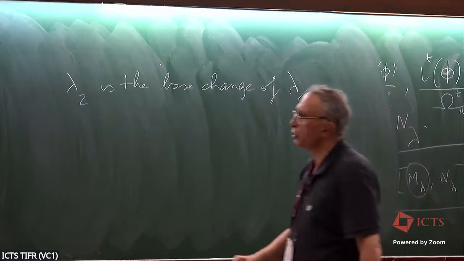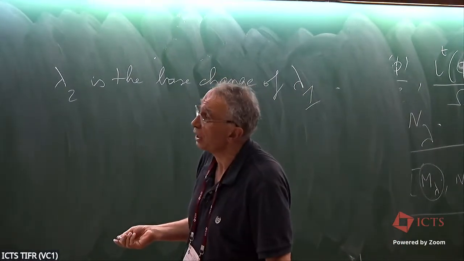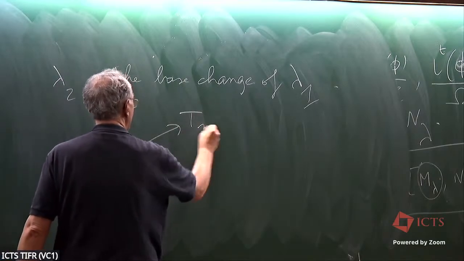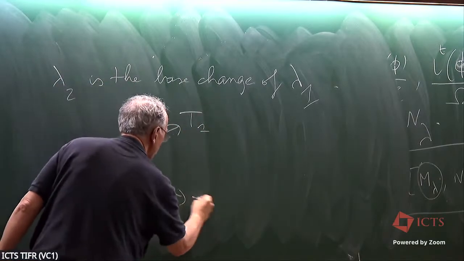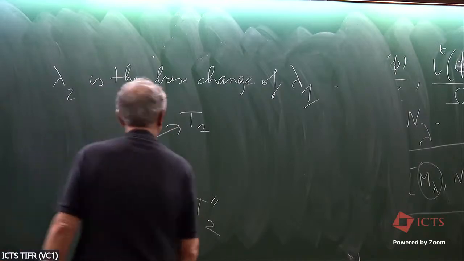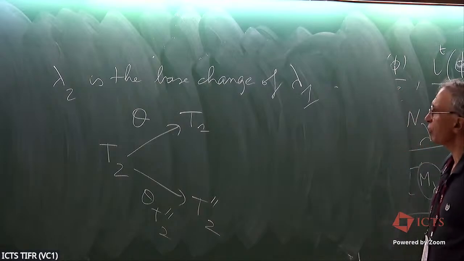But you see, the situation is as follows. We can apply again Goursat's lemma for the following diagram. T2 goes to T1 by theta, and T2 goes to T double prime 2 by theta T double prime 2. And what is the meaning of these morphisms?